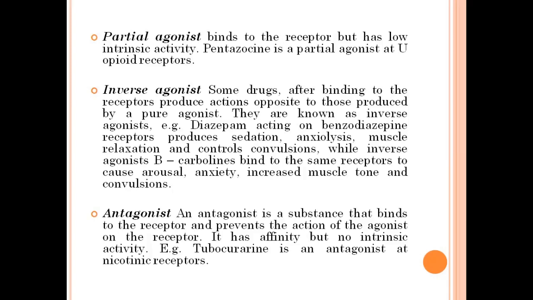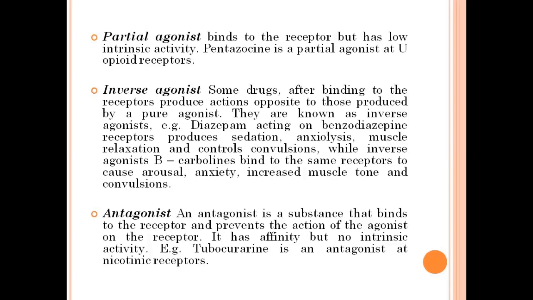So you see over here, both of them are going to the same receptors, but they have different actions. Diazepam produces sedation and relaxation, whereas beta-carbolines cause arousal and anxiety. Okay, so this is an example of the inverse agonist.